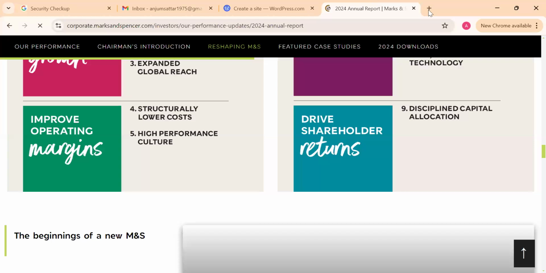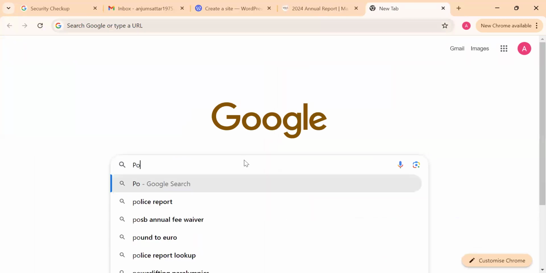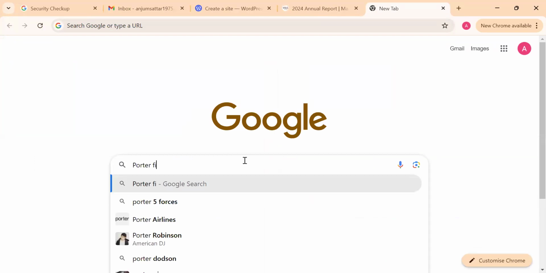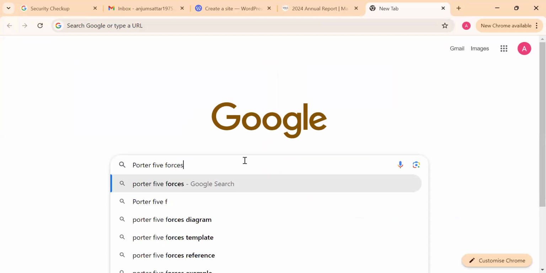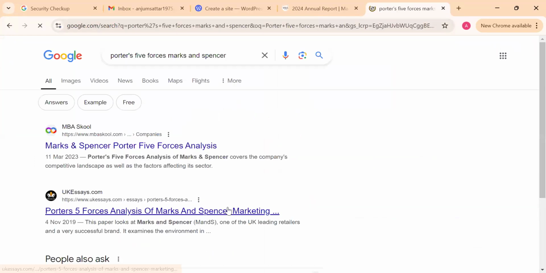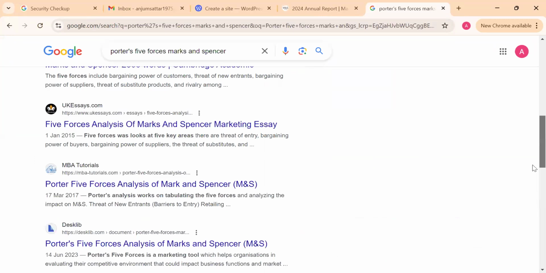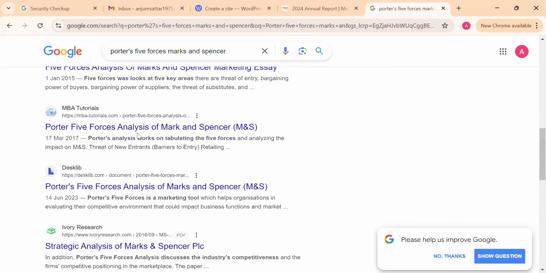Other than that, if you want independent analyses, there are a lot of them online, so we can search for Porter's 5 forces and Marks and Spencer. You will see there are a lot of sites, like MBA sites or various others; of course, it is better not to use essay writing websites.